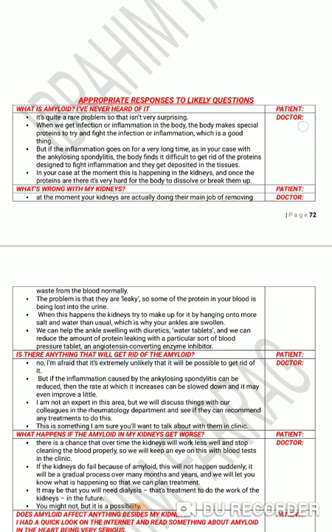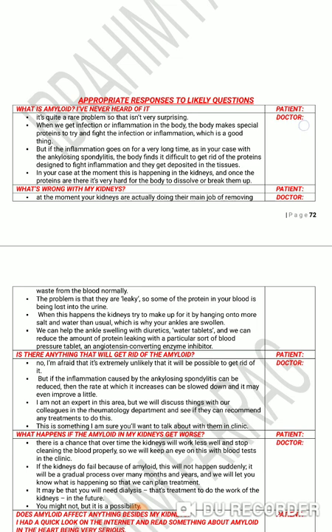When this happens, the kidneys try to make up for it by hanging on to more salt and water than usual, which is why your ankles are swollen. We can help the ankle swelling with diuretics, water tablets, and we can reduce the amount of protein leaking with a particular sort of blood pressure tablet such as an angiotensin converting enzyme inhibitor.